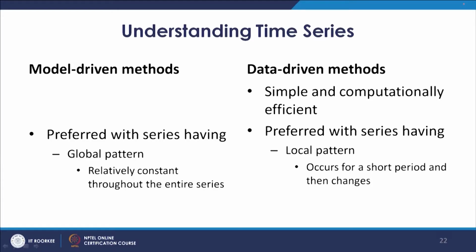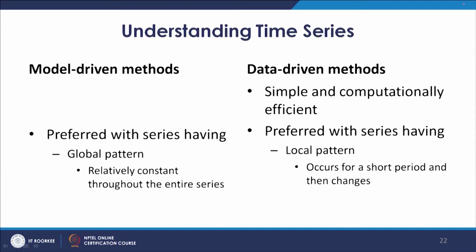Let us move forward. While comparing these two types of methods, there is another important aspect: when the model driven method should be preferred and when the data driven method should be preferred. Model driven methods are preferred when we have a series having a global pattern. What do we mean by global pattern?